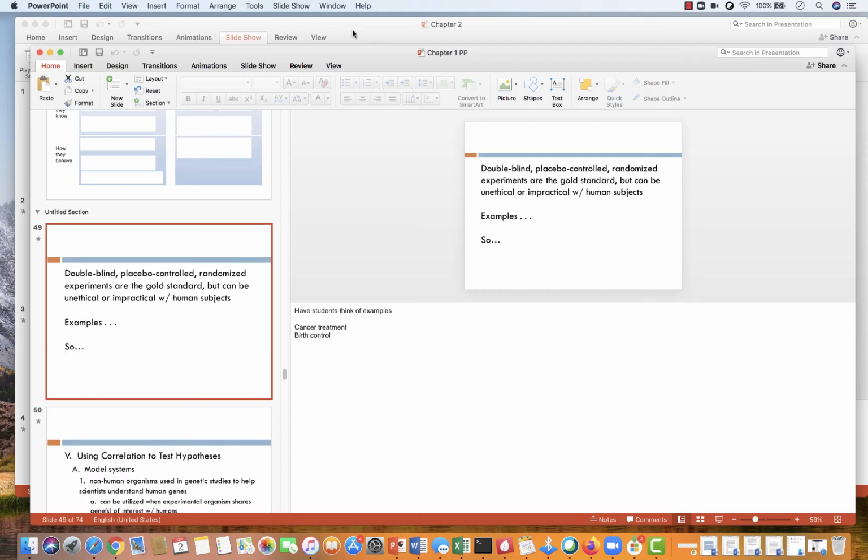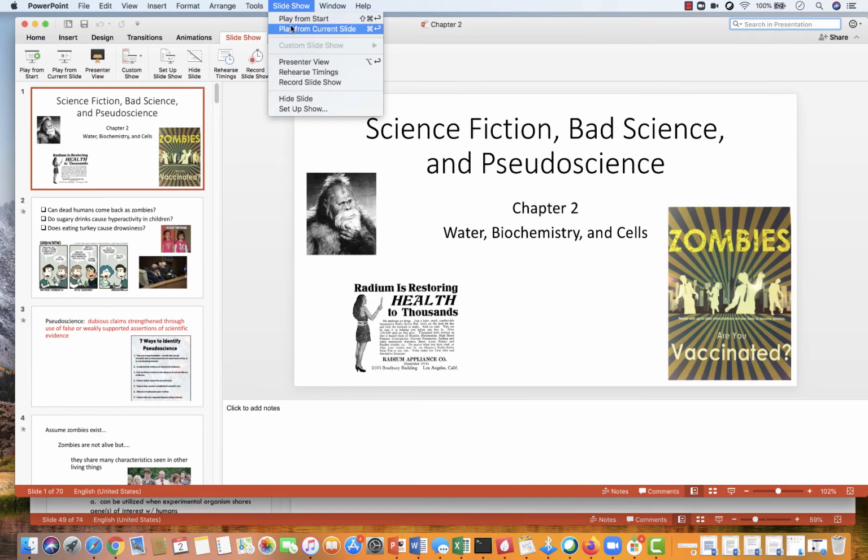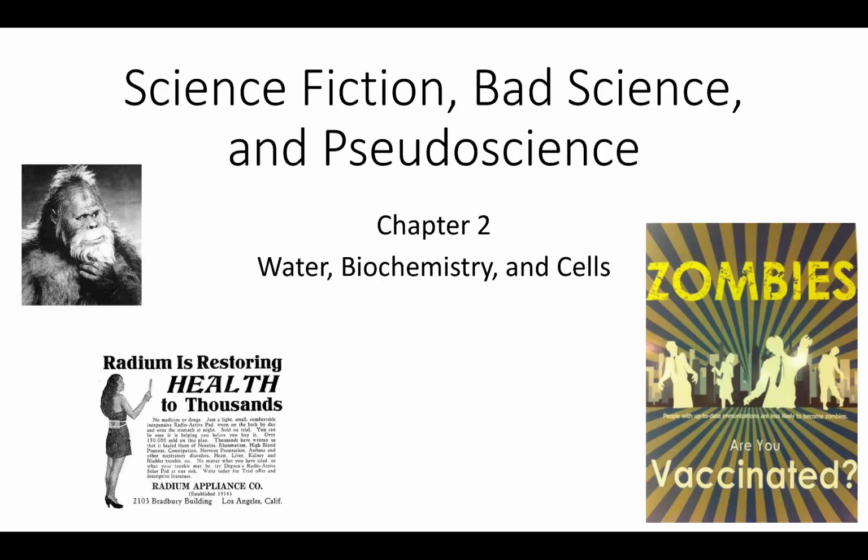Okay, so we're going to move on to Chapter 2, where we're going to look at water and what makes it a good solvent. We're going to look at the structure of water. We're also going to delve a little bit into biochemistry and take a look at the cell itself.